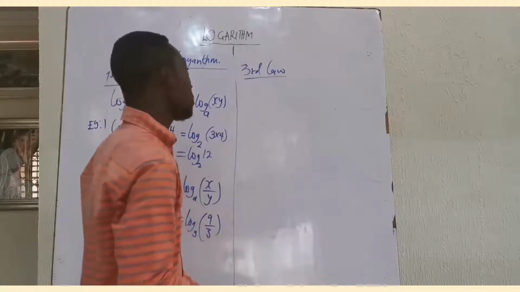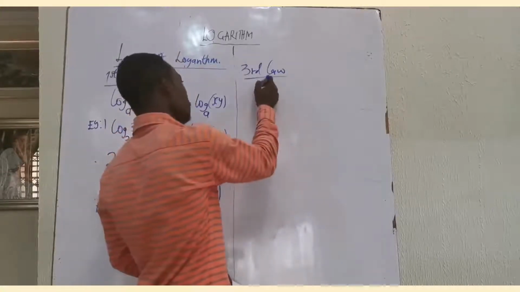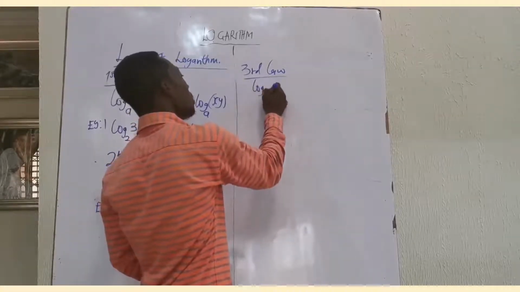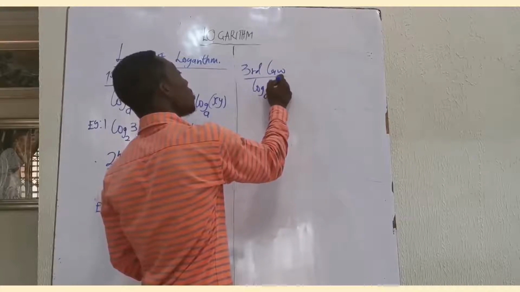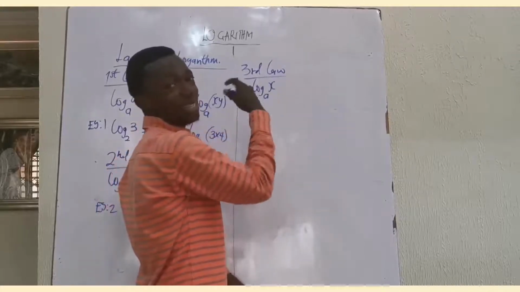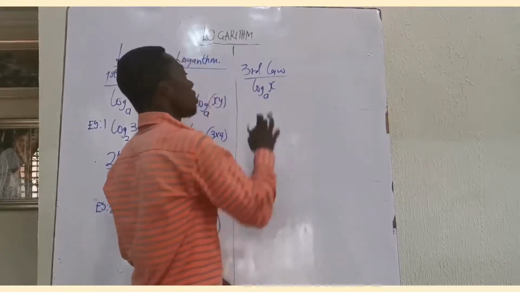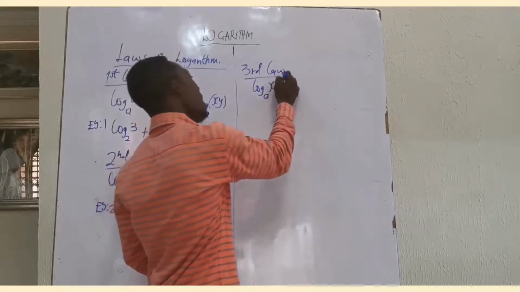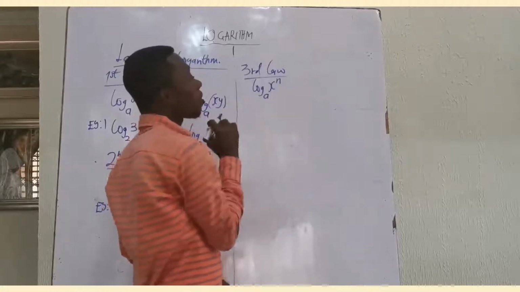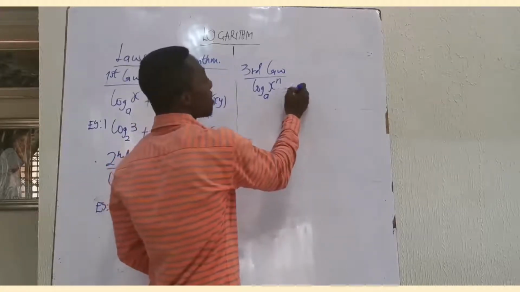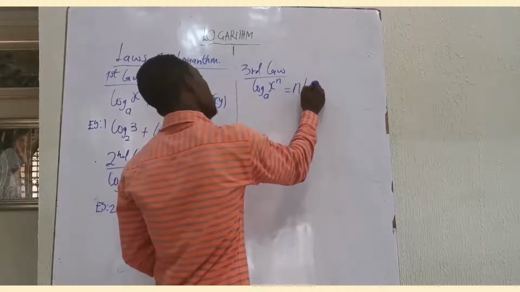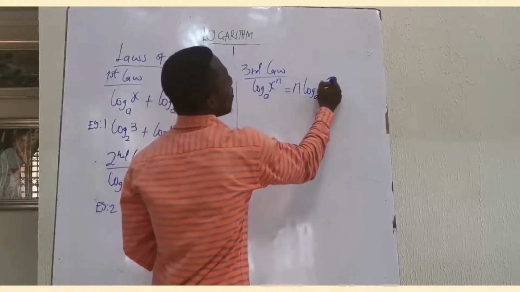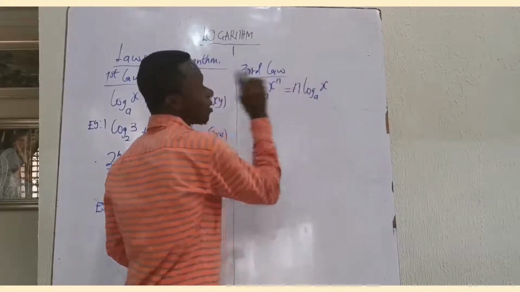So the third law of logarithm is saying that if I have log of x, sorry, I keep on repeating the base as the number. Forgive me, okay? Log of x to the base of a raised to the power n. The third law is saying that you can rewrite this in the form n log of x to the base of a.